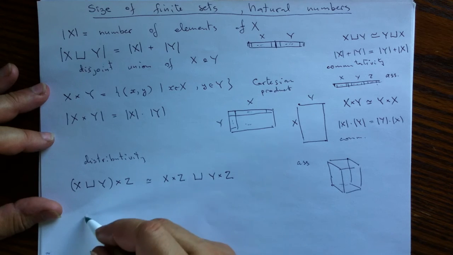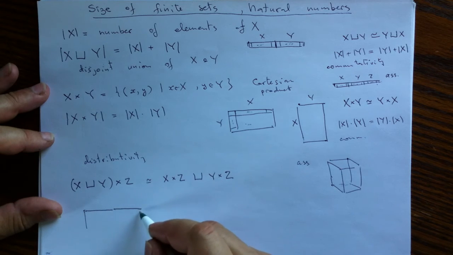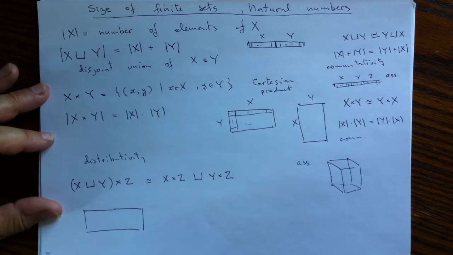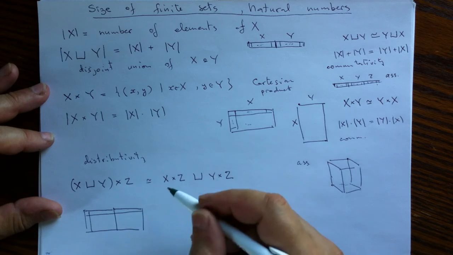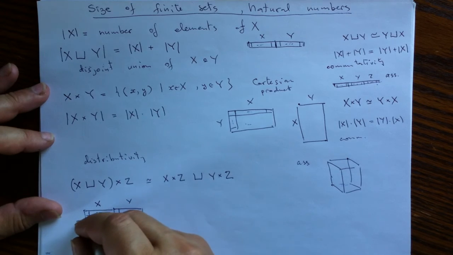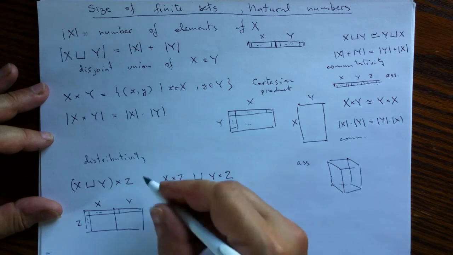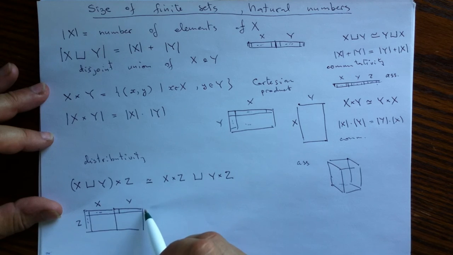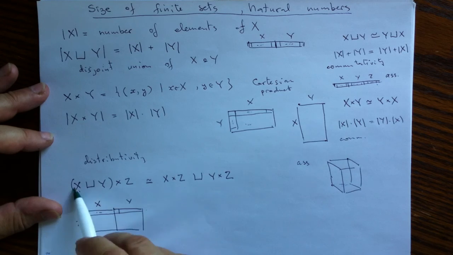Geometrically, if we follow the pattern before, the union of x and y taken horizontally will be a concatenation of straight line arrangements of little boxes, and then z will be the vertical coordinate. Here's x, here's y, and here's z. This picture, interpreted in two different ways, gives the two sides of this identification. The union of x and y is a straight line, and the product with z will be this large picture. So that is altogether this answer.